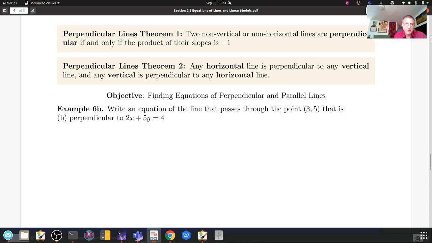Perpendicular lines, Theorem 1. Two non-vertical or non-horizontal lines are perpendicular if and only if the product of their slopes is -1.